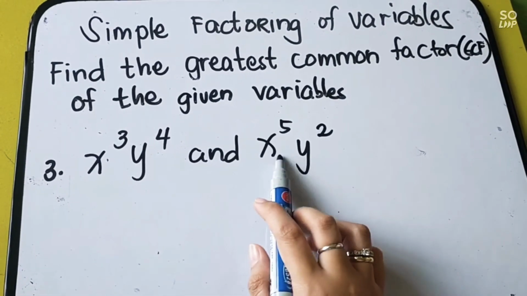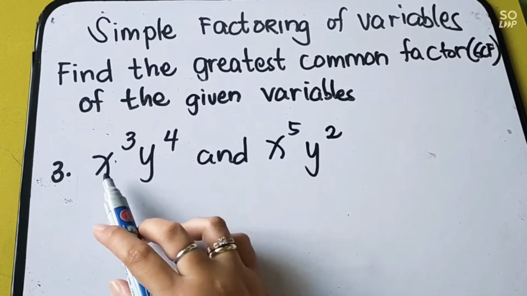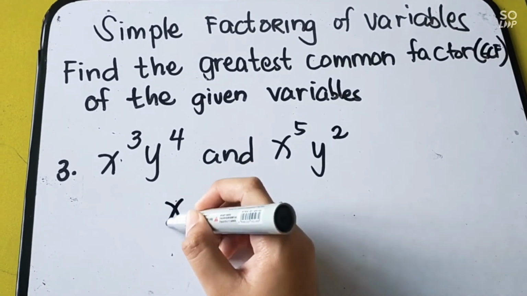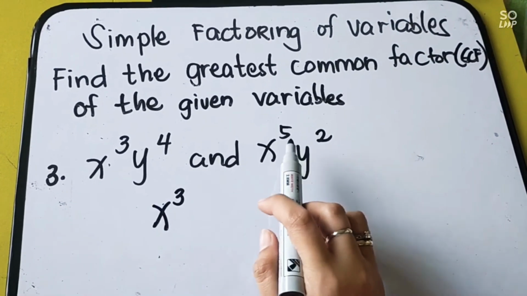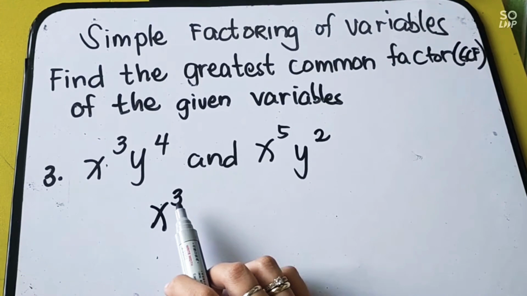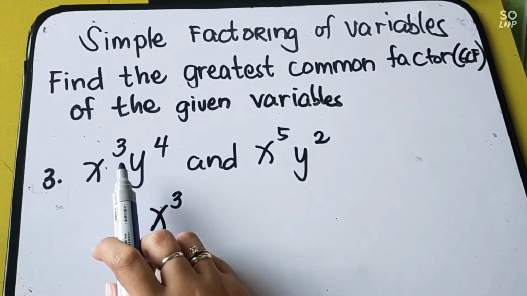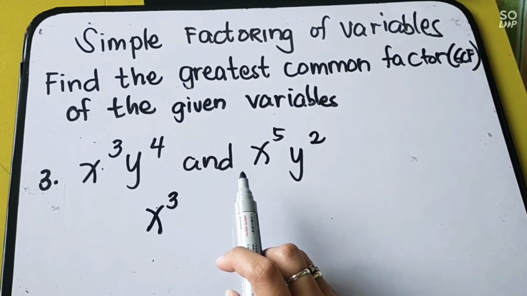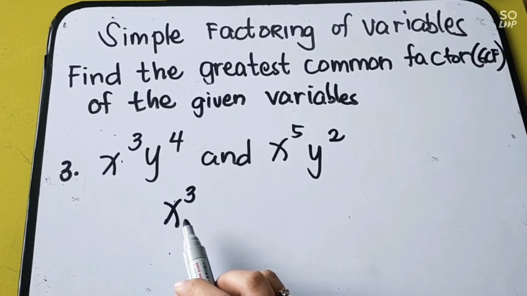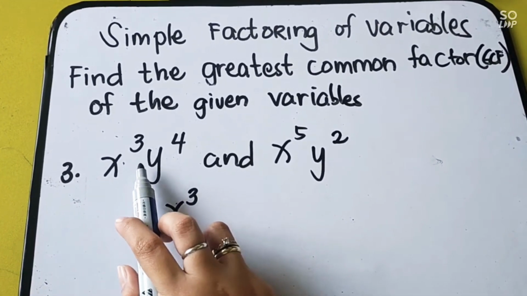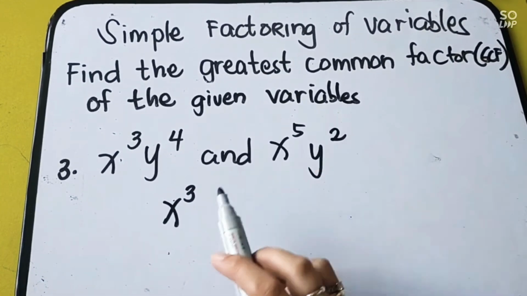So the greatest common factor is x cubed. The one with the lowest exponent is what you take when it is a variable.